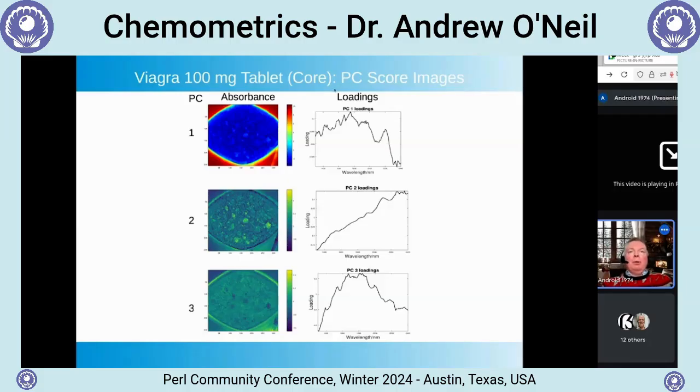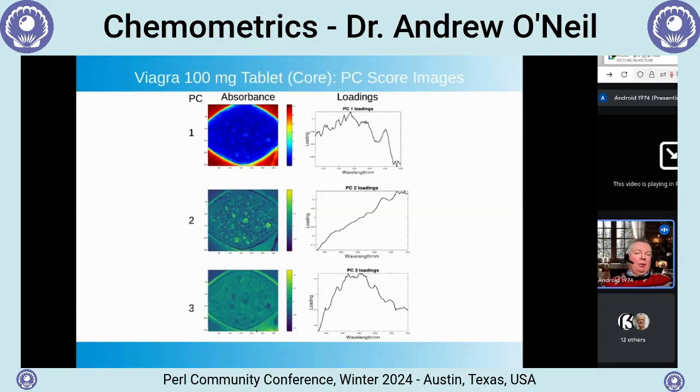Moving on here to the scores images from a multivariate image of a Viagra 100 milligram tablet. We can see here the first, second, and third scores images, and the first image, the loadings seem to suggest maybe it's looking at the overall intensity of the light and possibly contrast. On the second image here, potentially crystalline regions that could be drug are showing up as these bright spots, which we can see in the image.